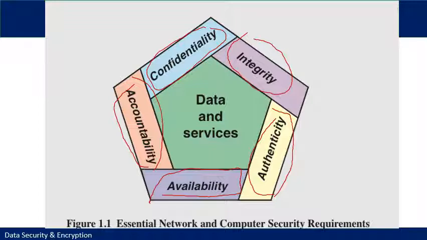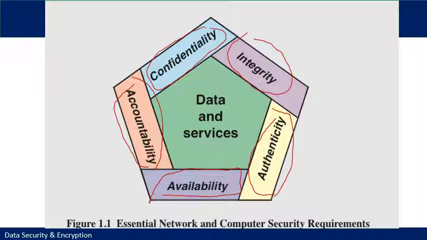For example, authenticity refers to the authentication of the device, and accountability refers to the fact that the device has made the communication, and that device should not be able to deny it. This also supports non-repudiation.